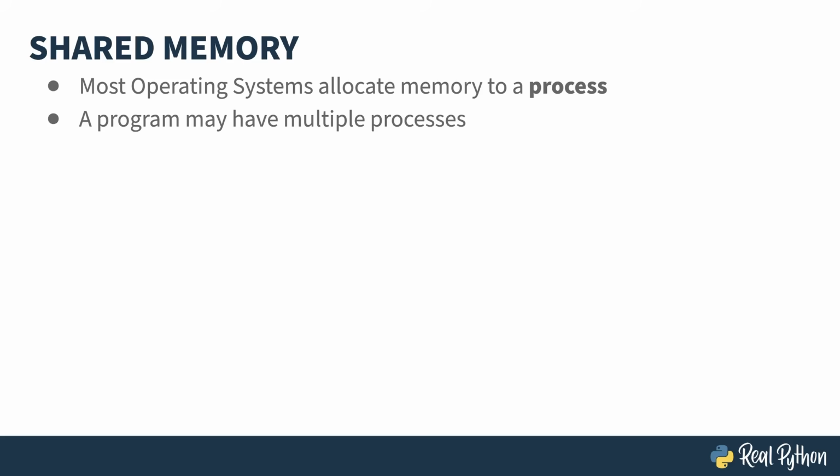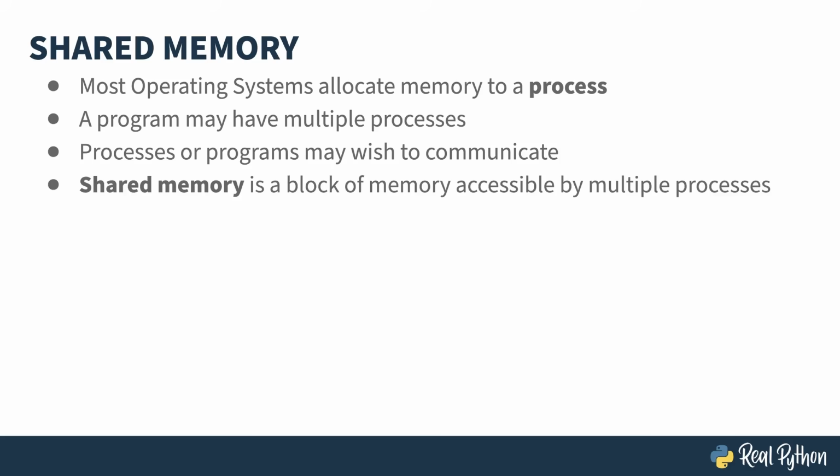Your program can actually have multiple processes. There are a variety of reasons for doing this, but most of them have to do with trying to do more than one thing at a time. Since memory is allocated to a process, you need a special situation to share memory between 2 processes. This is another feature offered by your operating system, and it is called, logically enough, a shared memory block.